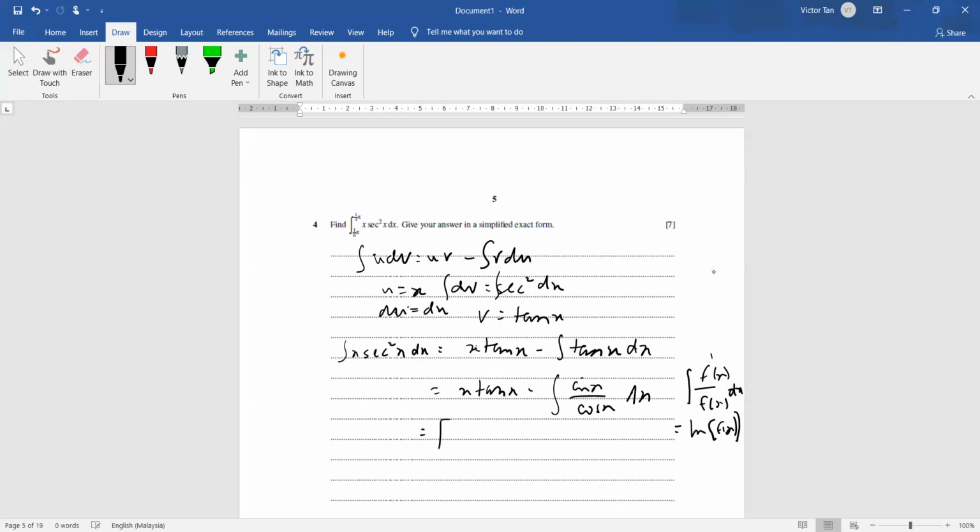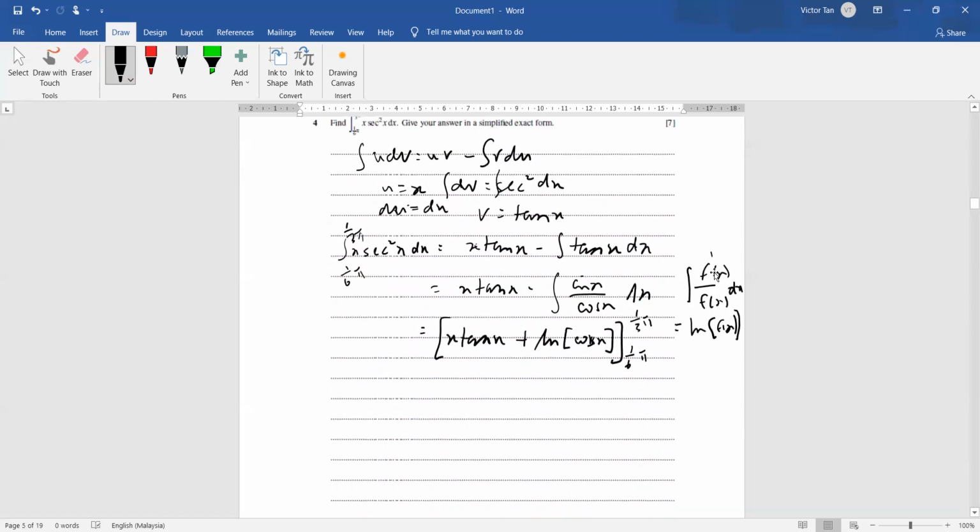So this will be x tangent x, now I'm putting in the definite value, plus ln cos x, with the definite values being 1/3 pi and 1/6 pi.